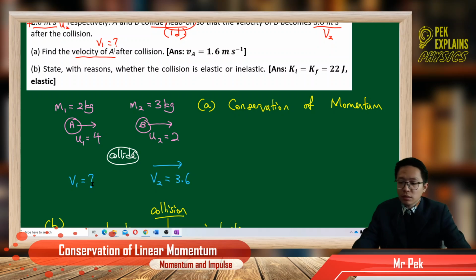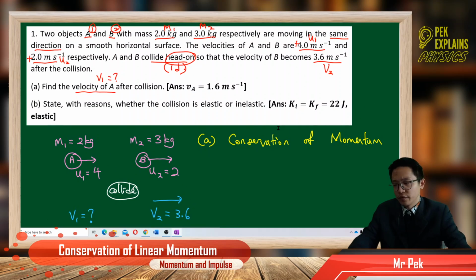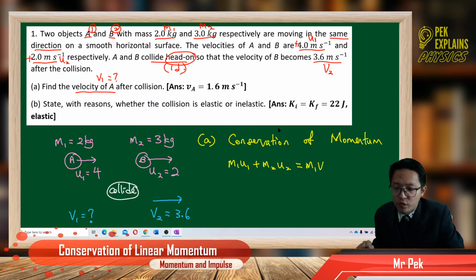So, what principle can we use? It's the conservation of momentum. For collision, conservation of momentum is always applied. So what is the formula? Let us write it out. Conservation of momentum is M1U1 plus M2U2 equal to M1V1 plus M2V2.